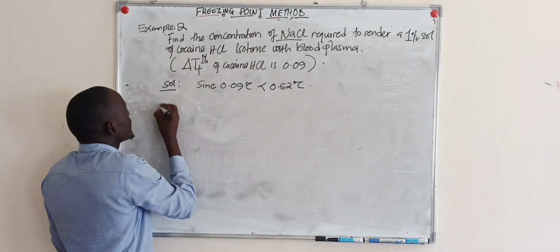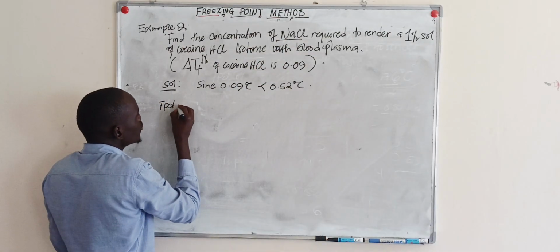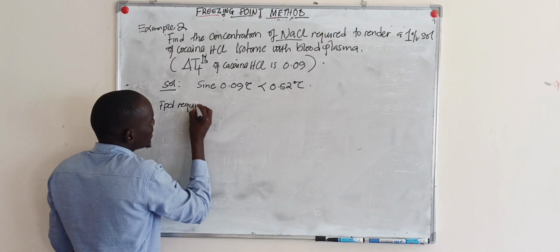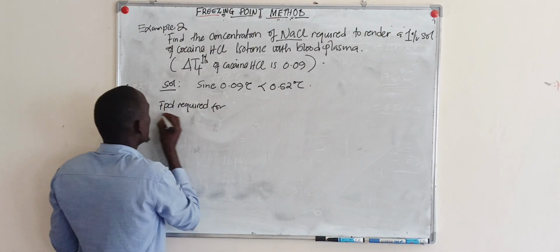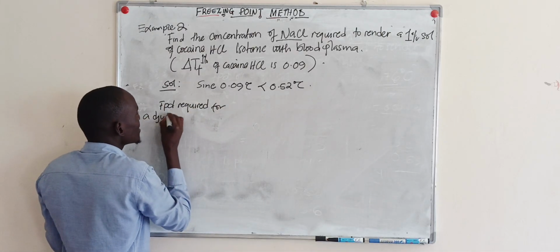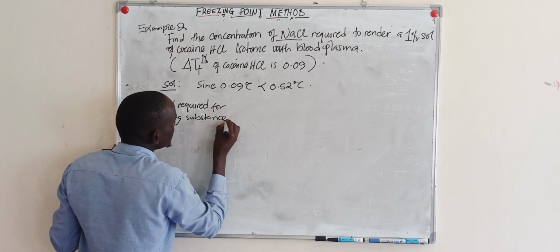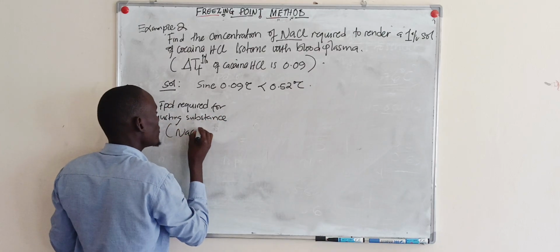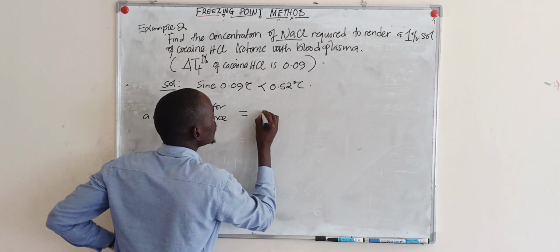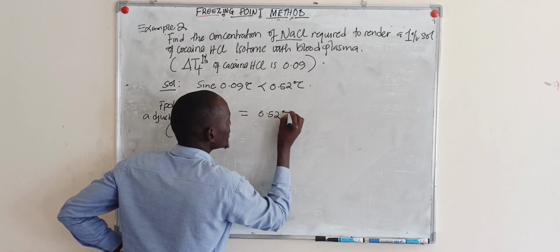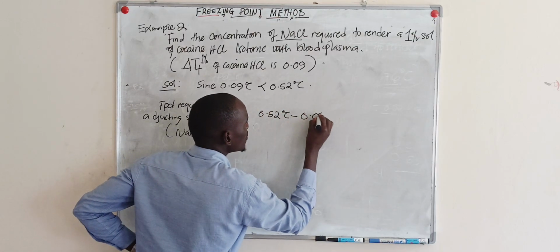So we shall say the freezing point depression required for the adjusting substance, which in this case is sodium chloride, will be equal to 0.52 degrees C minus 0.09.